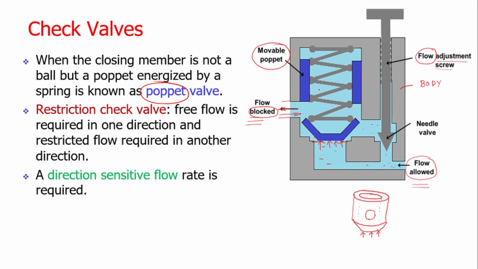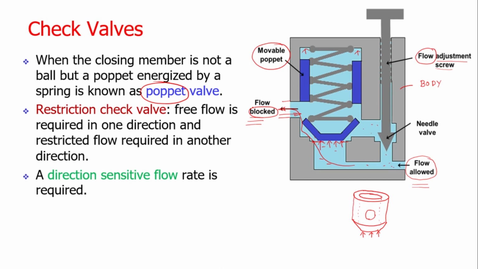But if the fluid pressure is more than the stiffness, more than the cracking pressure of the check valve, then the poppet will be moved in upward direction. As the poppet is moving in the upward direction, the fluid will move inside the gaps, pass through the valve and be sent to the desired application.